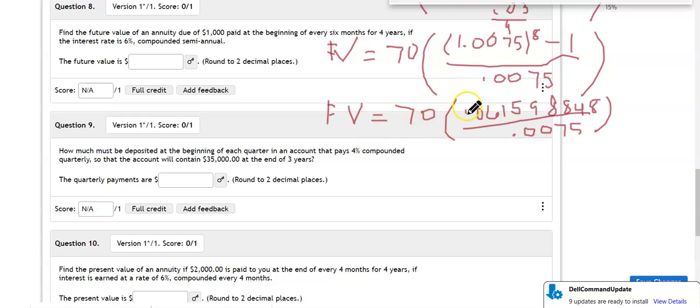I can say 70 times the top of this fraction divided by 0.0075. So that's what I'll do. I'll put 70 times this decimal divided by 0.0075 in my calculator. And I get 574 and 92 cents.